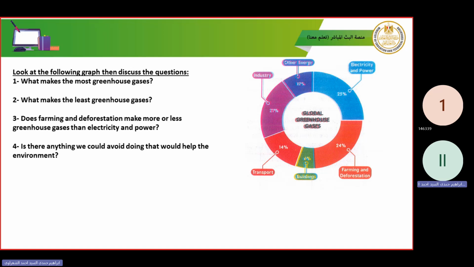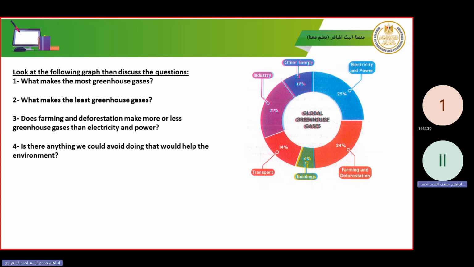Now the questions we should discuss. What makes the most greenhouse gases? It's clear from the graph that carbon dioxide and electricity and power produce the most. What makes the least greenhouse gases?